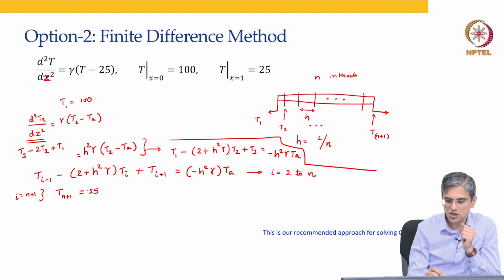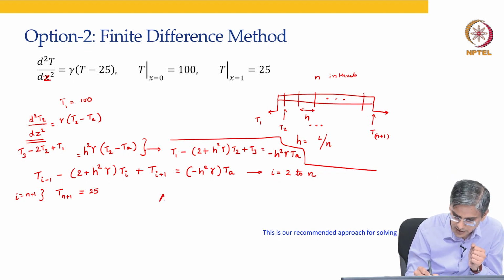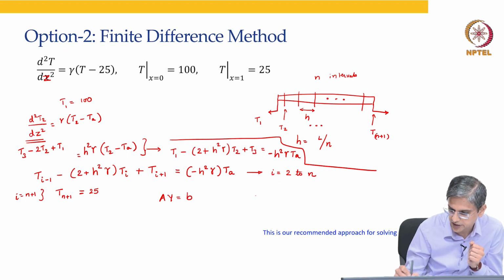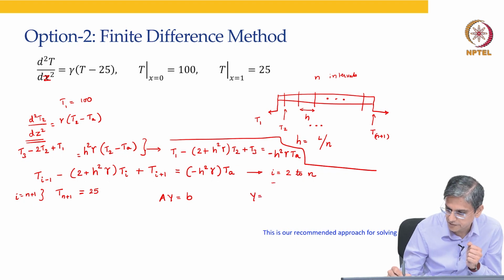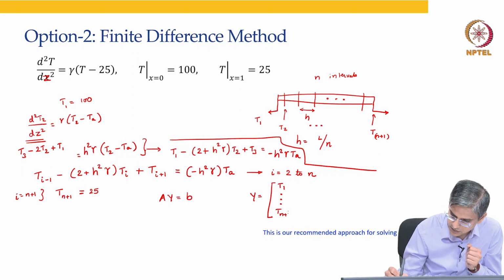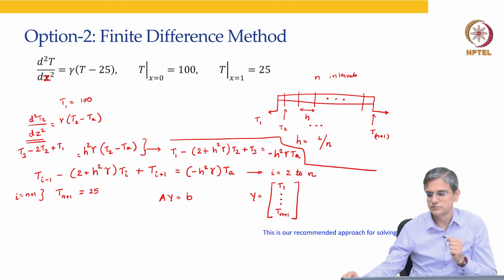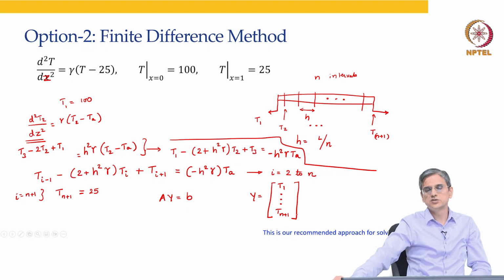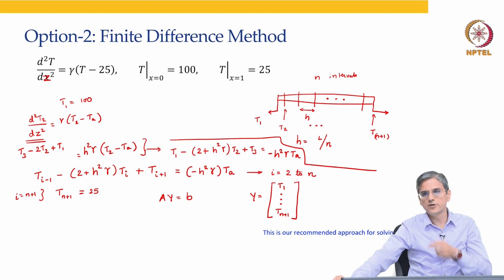So, this is how we are going to have this set up, and this will be of the form A y equal to b, where y is T1 up to T n plus 1.